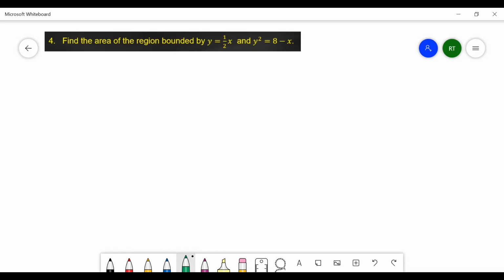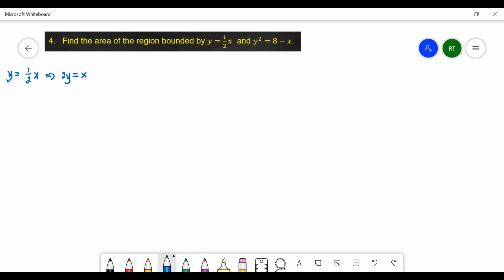Okay, and if we want to get the intersection of the two curves, the straight line and the parabola, we have to solve the two equations simultaneously. Let us consider the first equation, the equation of the straight line, y is equal to 1/2 of x. Of course, we can also write this as 2y is equal to x if we multiply both sides of the equation by 2.